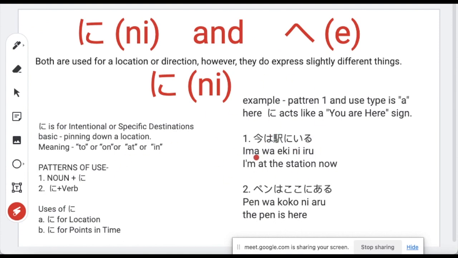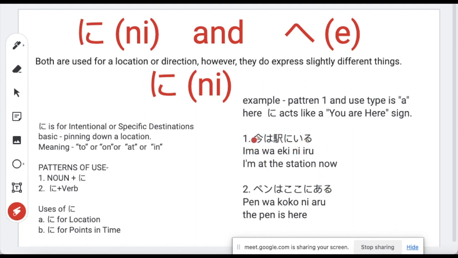This is the simple use of ni. This one is with the noun and ni, which defines the location.